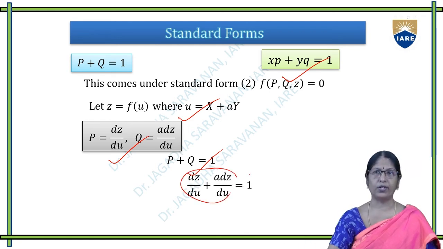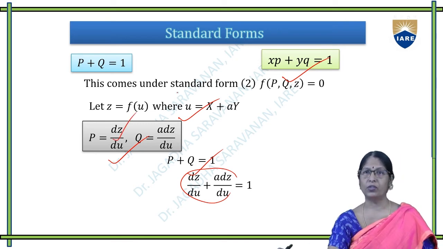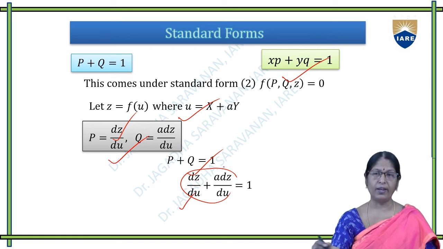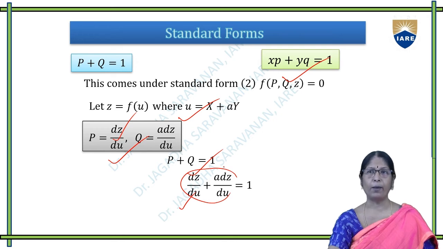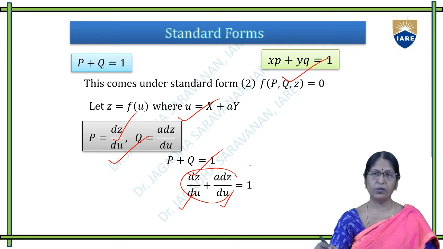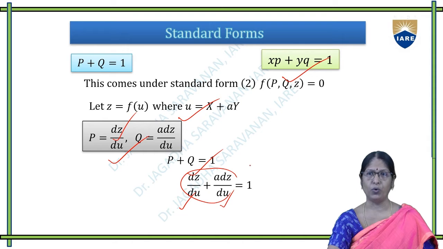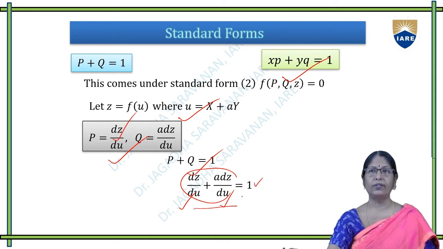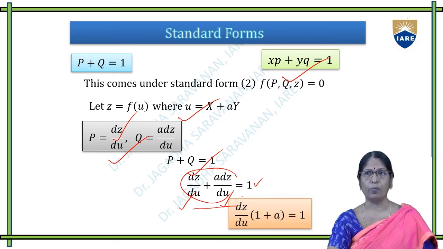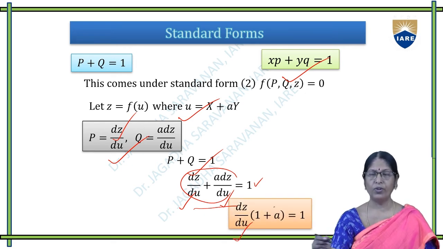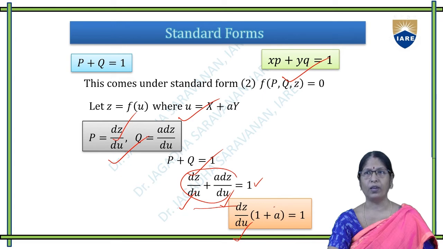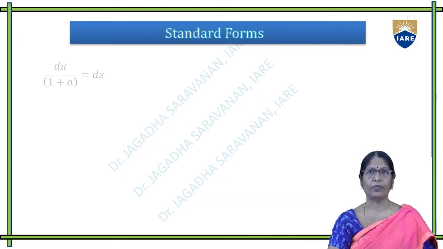Here we substituted the formula steps of standard form 2: capital P replaced by dz by du and capital Q replaced by a dz by du, equal to 1. We observe that dz by du is common, so we take it out, and the remaining is 1 plus a equal to 1.